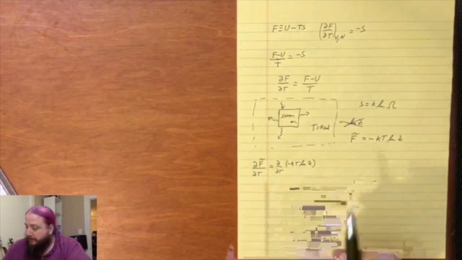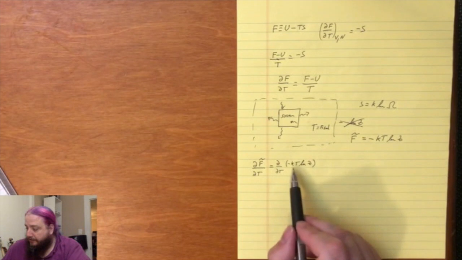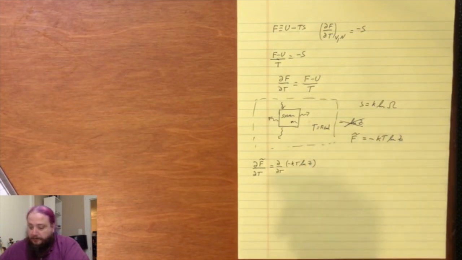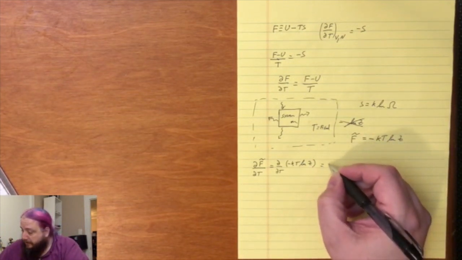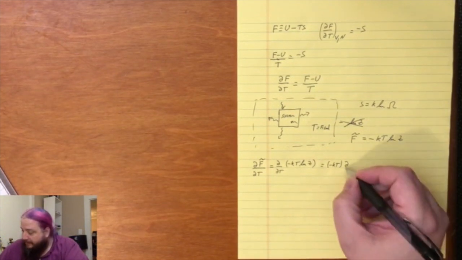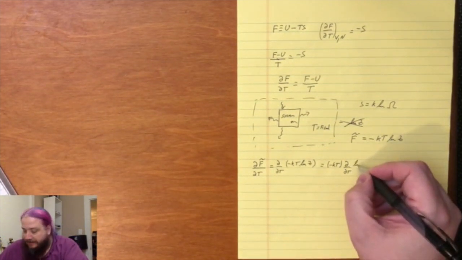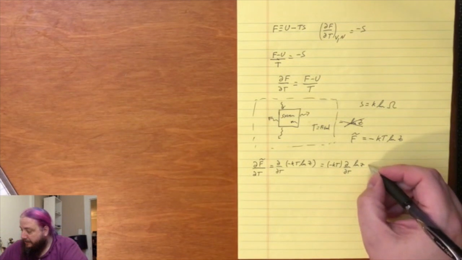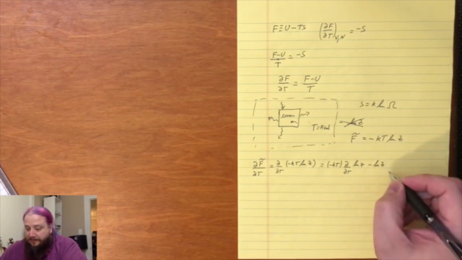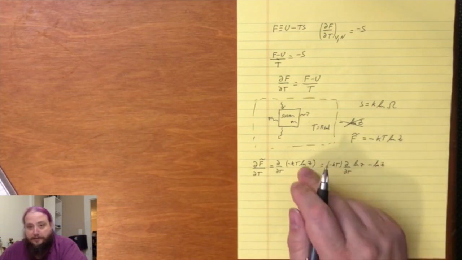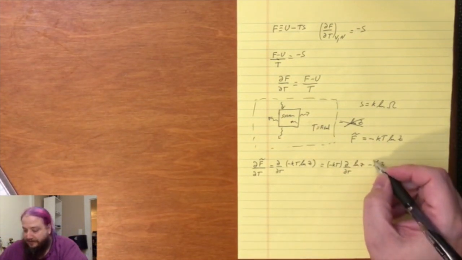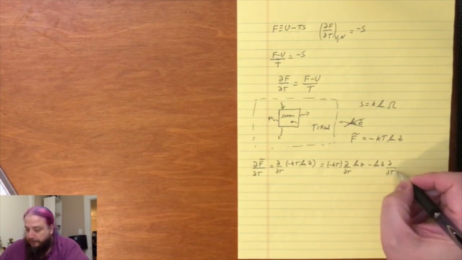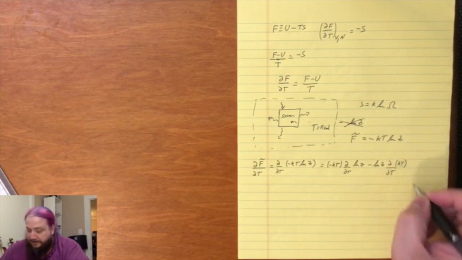So this is a product rule because both the partition function and T are functions of T. So we can do first times the derivative of the second, so that's going to be minus kT times d by dT of log Z, plus the second, minus log Z, times the derivative of our first term, kT.